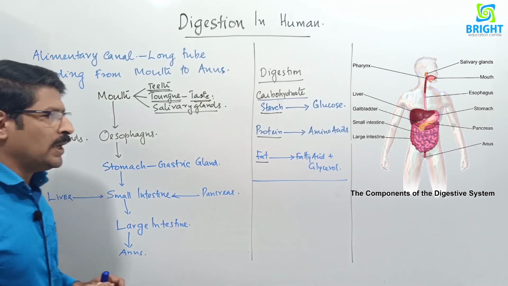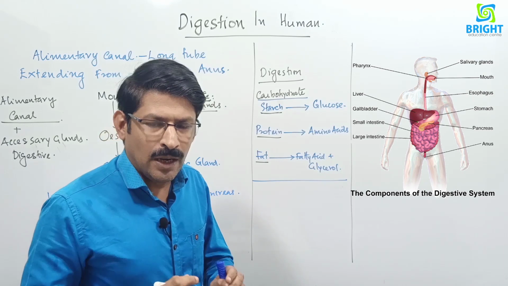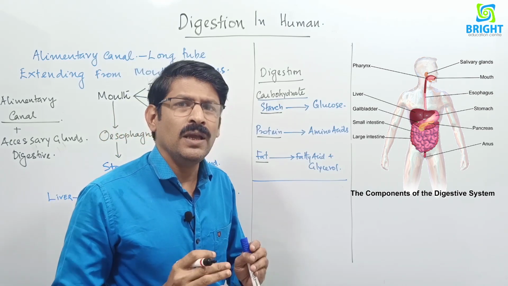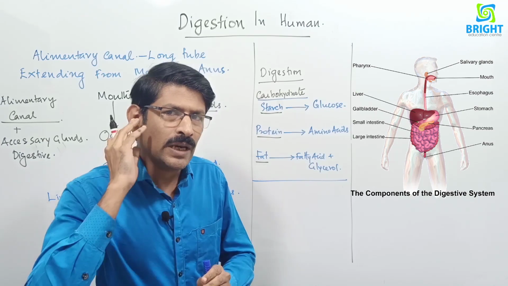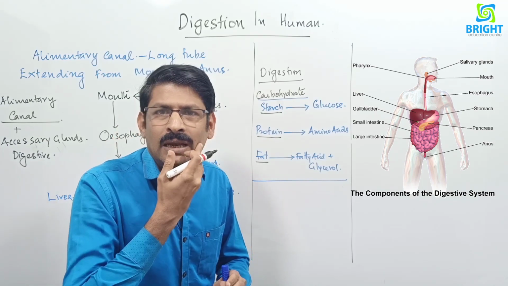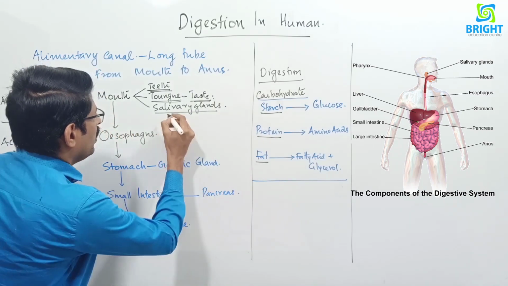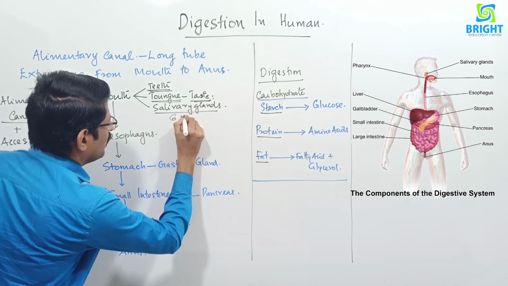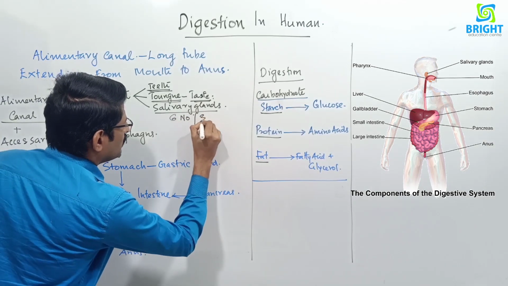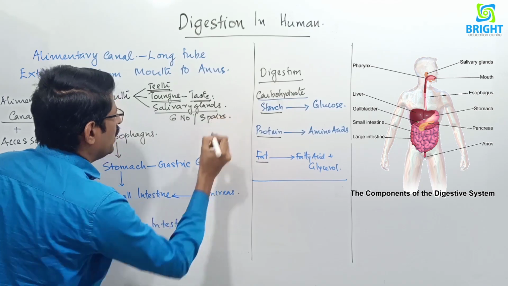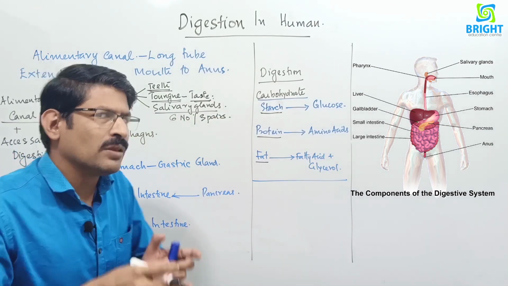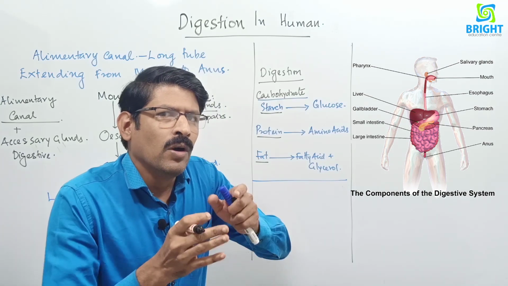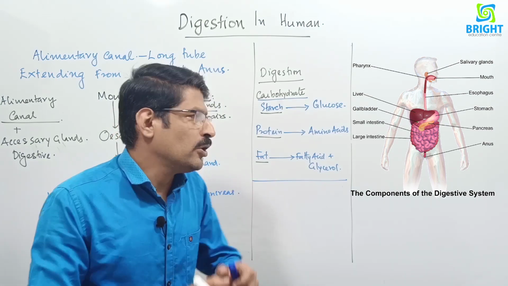In the human body there are three pairs of salivary glands, three on the right side and three on the left side. So in human beings, six salivary glands or three pairs are present, and they produce certain enzymes, and that begins the digestive process.